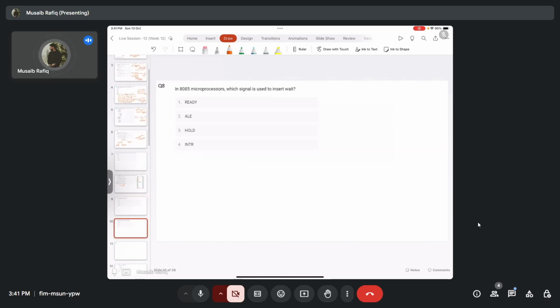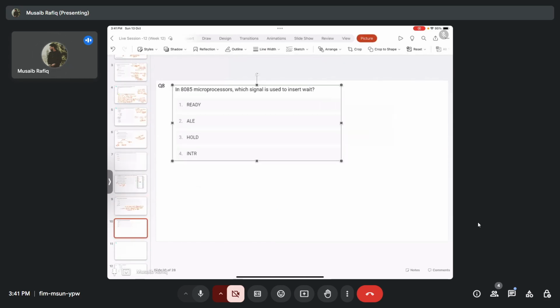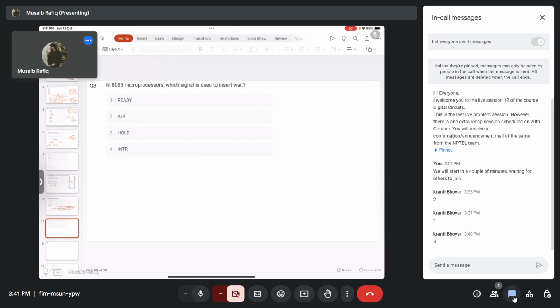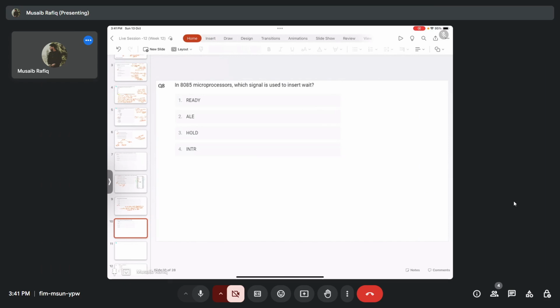Then I have question number 8. In the 8085 microprocessor, which signal is used to insert wait?